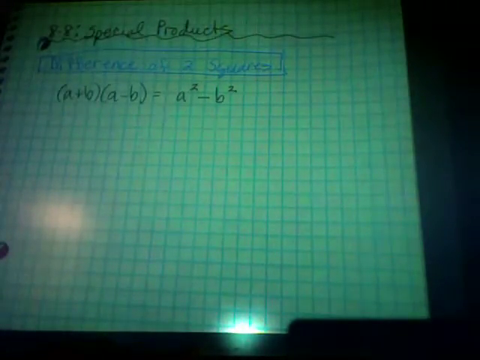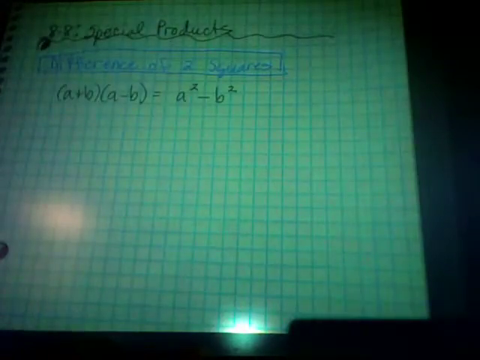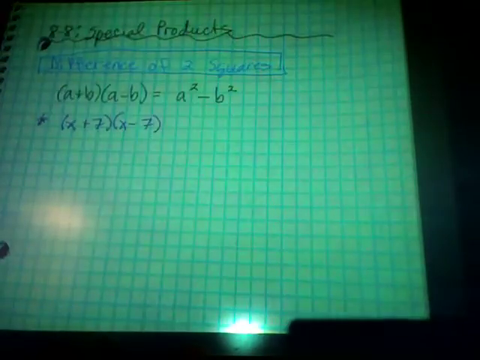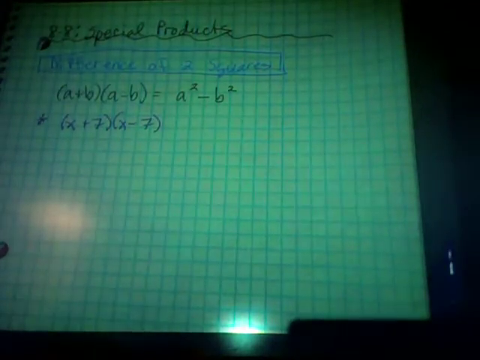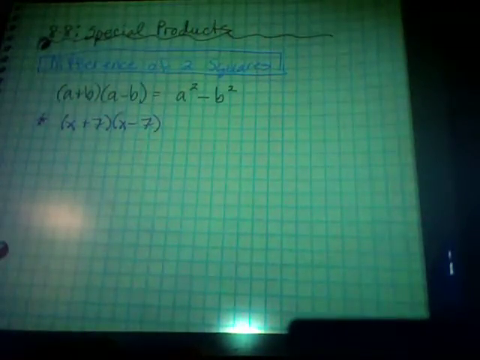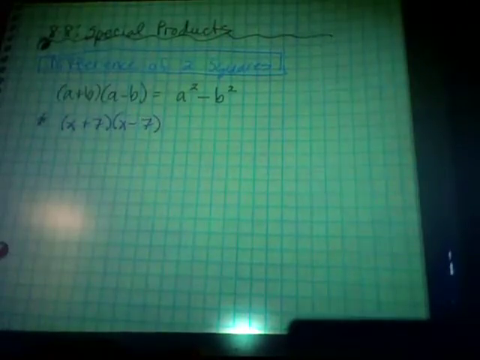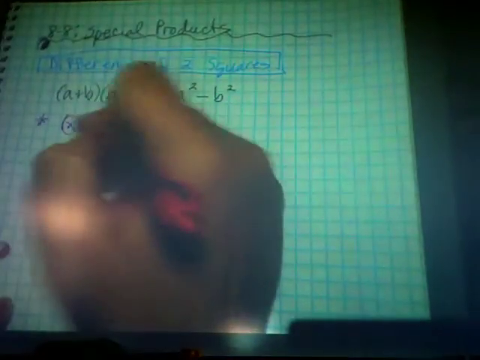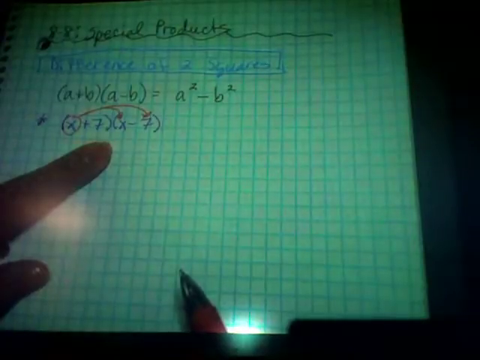So let's practice. Well, I won't do an example yet. What if I had x plus 7 times x minus 7? First of all, I'm going to FOIL it just to prove to you that it does work in case you didn't pay attention to it in your notes. So let's go ahead and do a double distribution. If I take this x and multiply it to everything in the other parentheses, what's x times x?